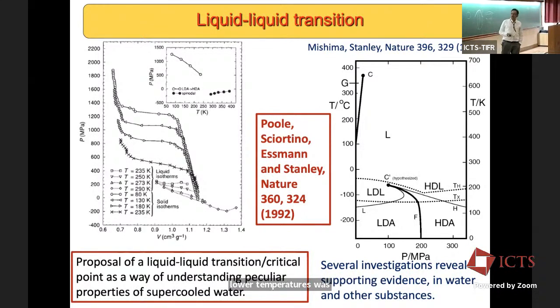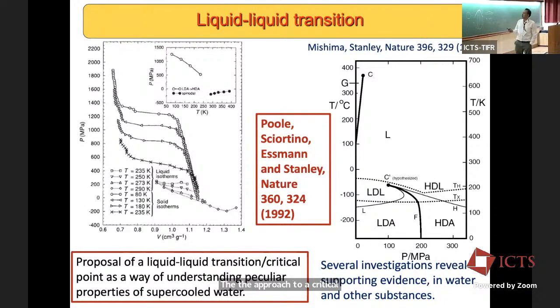And the observation was that instead of the volume decreasing gradually as the pressure was increased, there was a sudden jump in the volume or the density, indicating some kind of two-state behavior. Now, these are actually highly out of equilibrium simulations. The liquid isotherms are shown further below, and what they revealed instead was the development of an inflection, which usually precedes, as you come up from high temperatures, the approach to a critical point.